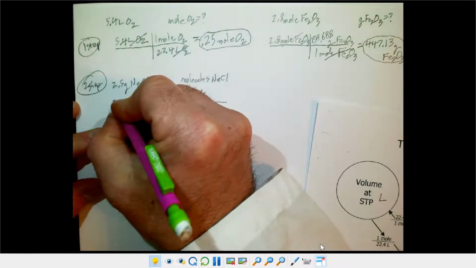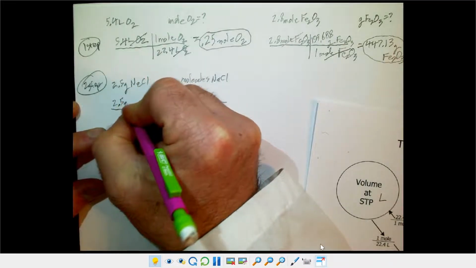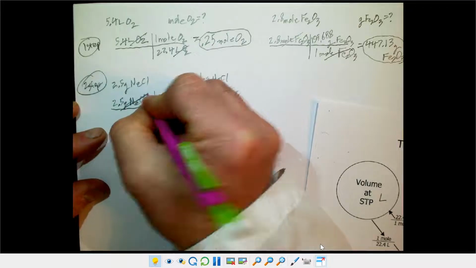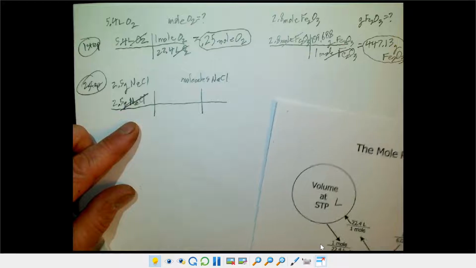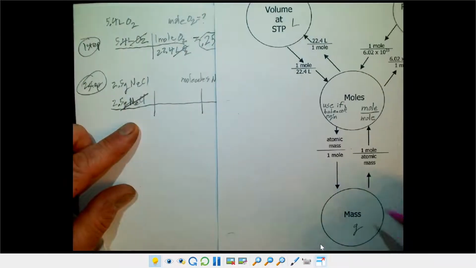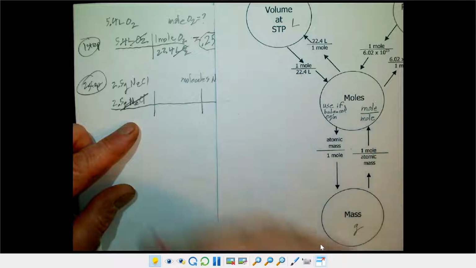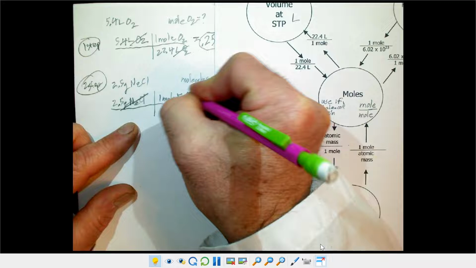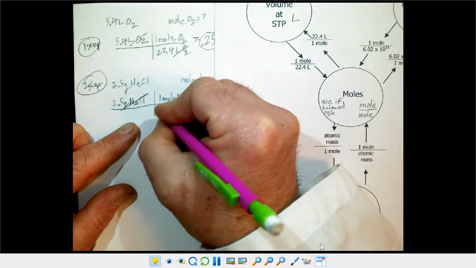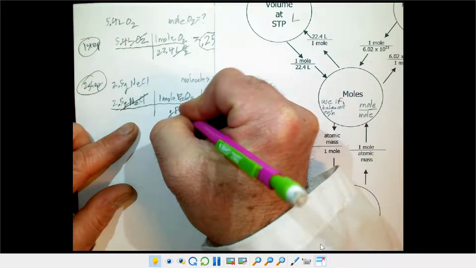So let's put what's given here, 2.5 grams of NaCl. Now grams of NaCl is going to come down here, but let's just use the mole map. So we're going down here and up to here and up to here. It says 1 mole over atomic mass. So we're going to put 1 mole of Fe2O3 over the atomic mass of Fe2O3.